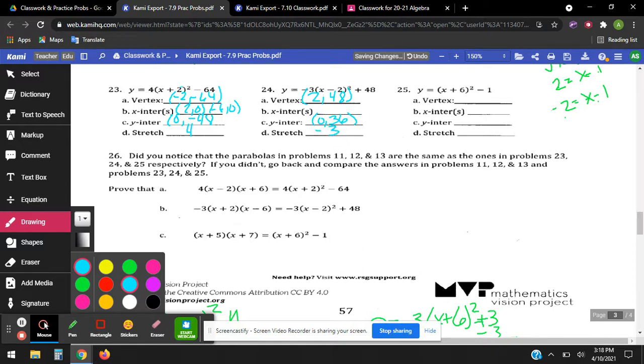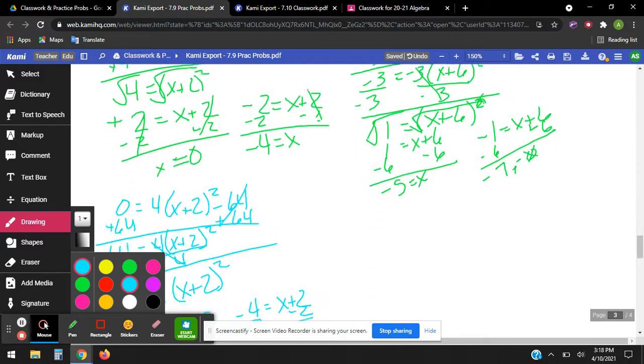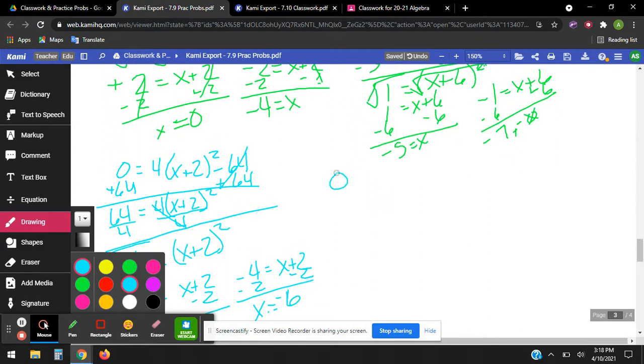So now let's go down below, figure out our x-intercepts. 0 equals negative 3 times x minus 2 squared, plus 48. So subtract our 48. Negative 48 equals negative 3 times x minus 2 squared.